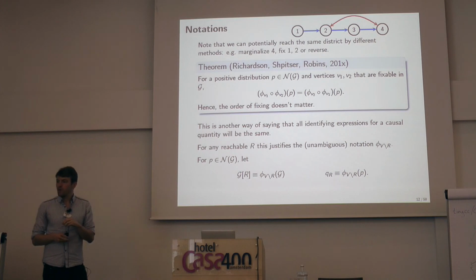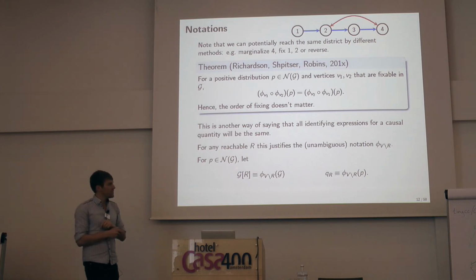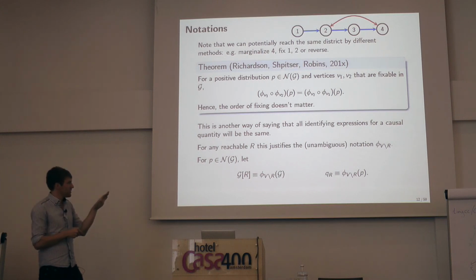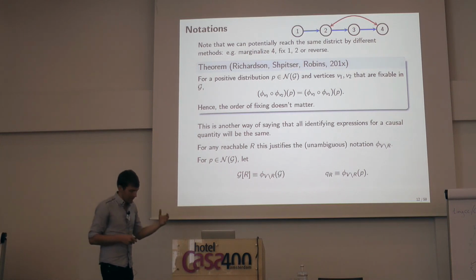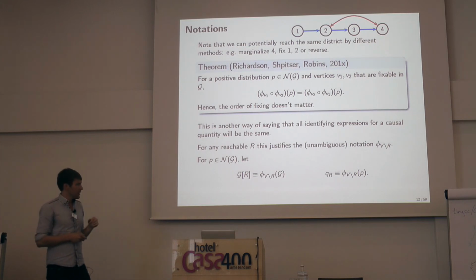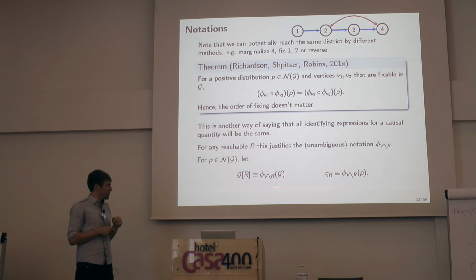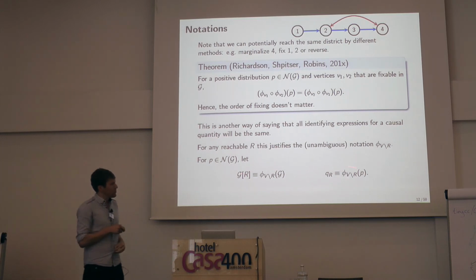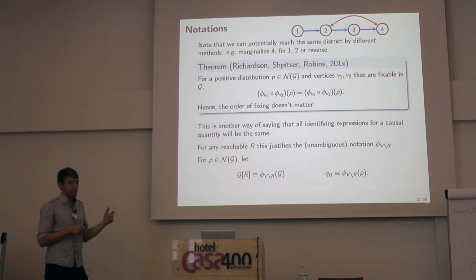The ID algorithm requires you to think about graphs that you can't actually identify, potentially, at least in the first step. And I'm going to use QR for the distribution that you get by fixing P. And again, this is unambiguous as long as you're actually in the model.